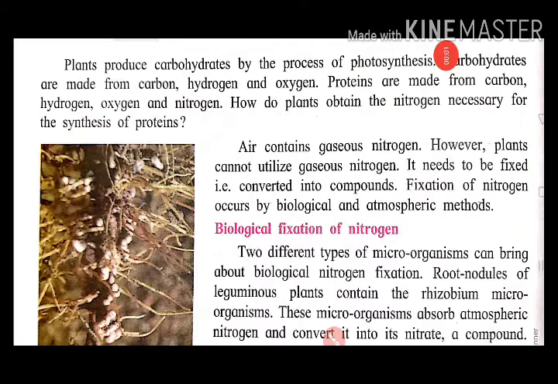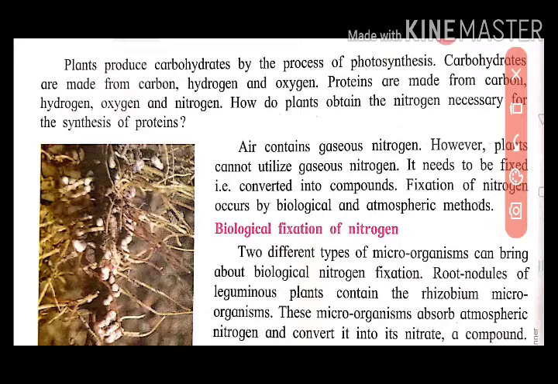Okay. Now see, by the process of photosynthesis, plants produce their food. That is, they produce carbohydrates and proteins. See, carbohydrates are made from carbon, hydrogen and oxygen. We know how plants absorb carbon, hydrogen and oxygen.